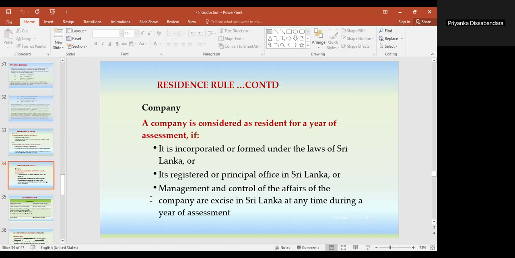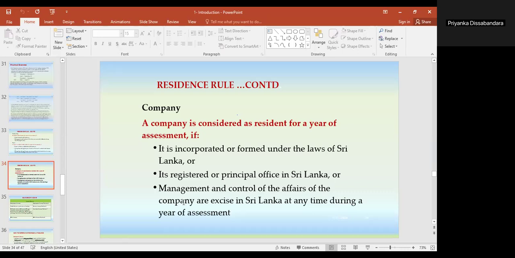And the next condition is, if that company's registered or principal office is in Sri Lanka, then of course we can consider that company as a resident company. Or if that company's management or control of the affairs of the company are exercised in Sri Lanka, then also we can consider the company as a resident company.